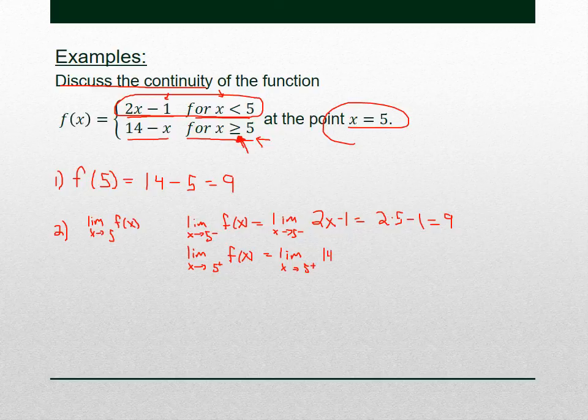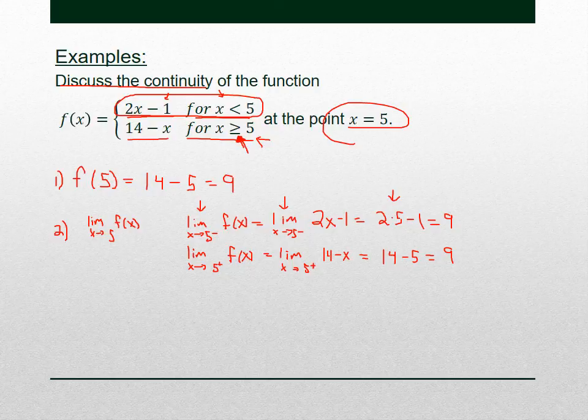Notice that I kept writing my limit symbol here and here because I had not taken the limit yet. And then over here, once I did take the limit, I stopped writing that. So again, I'm going to take the limit now and plug in x equals 5. So I'm going to stop writing the sign that says to take the limit because I just did that. And I get 14 minus 5 is 9.